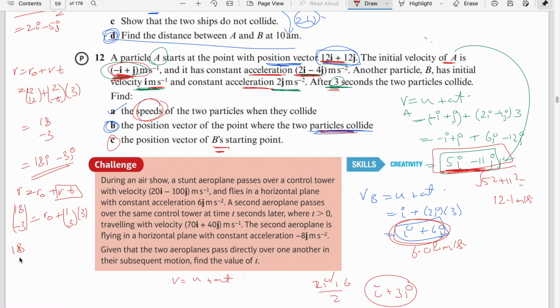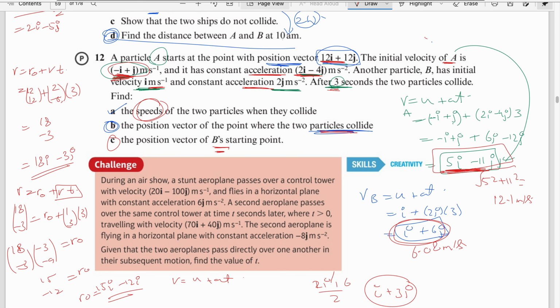So 18 minus 3 times 1, and minus 3 minus 3 times 3, 9. So 18 minus 3 is 15 and minus 12. So initial position must be 15i minus 12j.